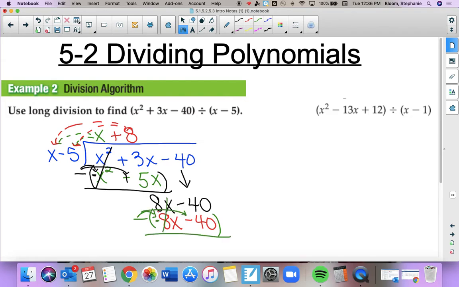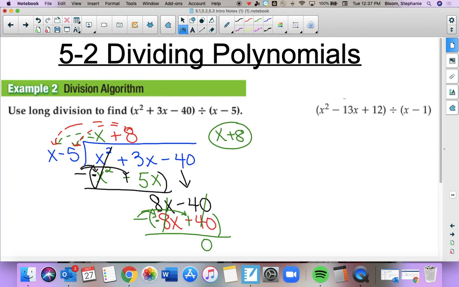So my 8x's cancel. What happens to my 40s? They cancel. Remember when you did long division and you had remainders? Remainder is 0. So my answer is just x plus 8. And how could I check that? Yeah, FOIL. X plus 8 times x minus 5 better give me x squared plus 3x minus 40. Do I have a question about that?